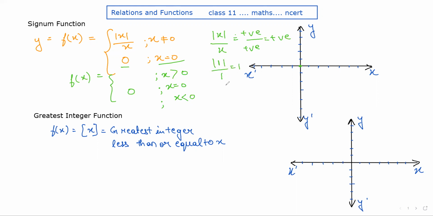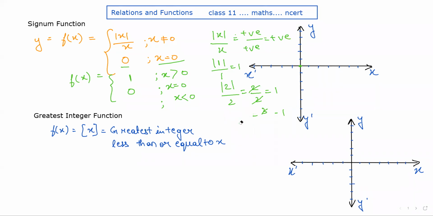For x equal to 2, |2|/2 is 2/2, the 2 gets cancelled and you end up with 1. If you place x equal to 3, |3|/3 is 3/3, and again you end up with 1. So no matter what positive value of x you place, you always end up with 1.